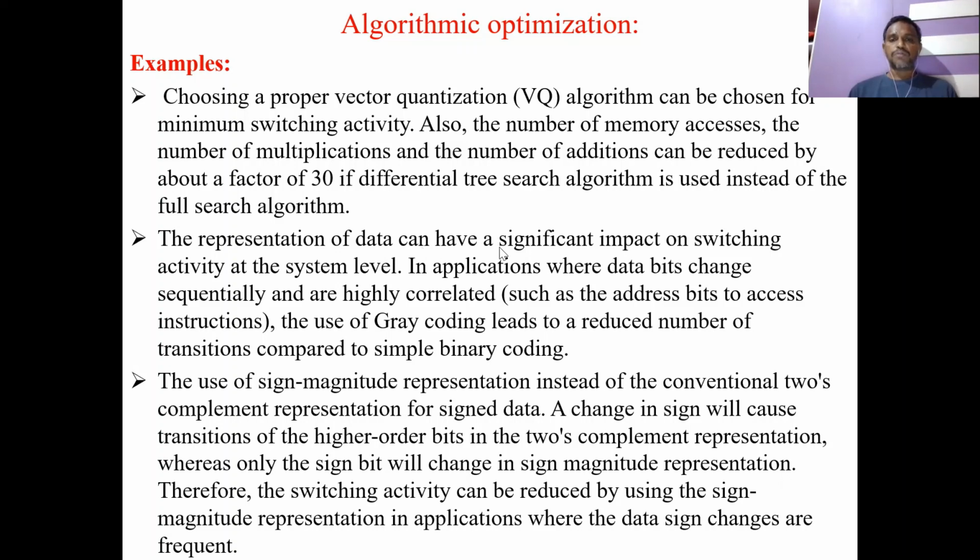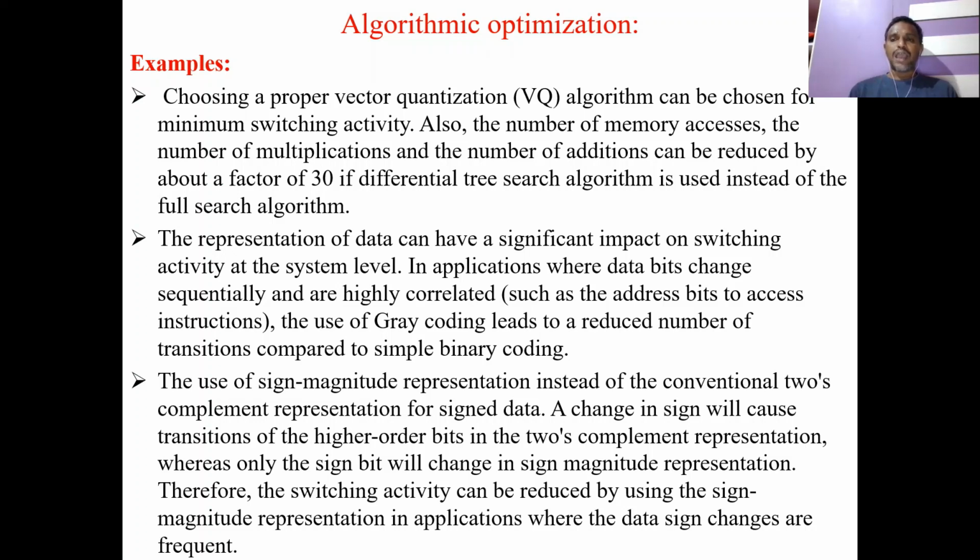The representation of data can have a significant impact on switching activity at the system level. In applications where data bits change sequentially and are highly correlated, such as the address bits to access instructions, the use of gray coding leads to a reduced number of transitions as compared to simple binary coding.